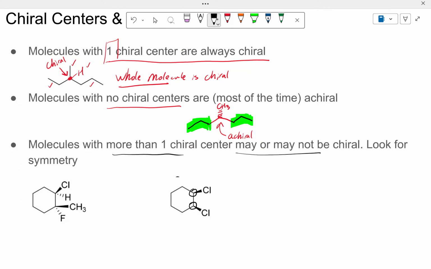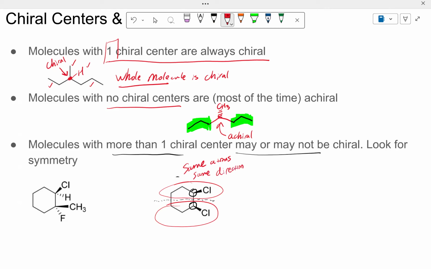Now, does that mean the whole molecule is chiral? You have to look for symmetry. What's the easiest way to do that? Cut the molecule in half. You can do this top to bottom, left to right, diagonally. In this case, if I cut it in half from left to right, what do you notice about the two halves? The top half has the same exact atoms as the bottom half. Same atoms going in the same direction.